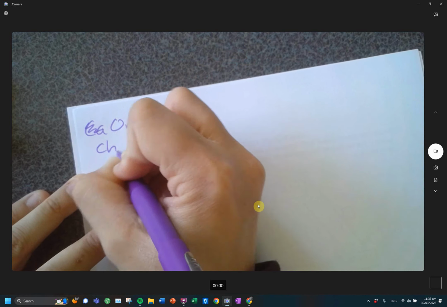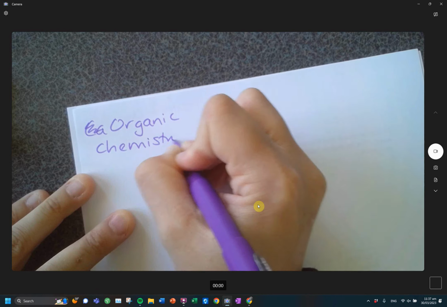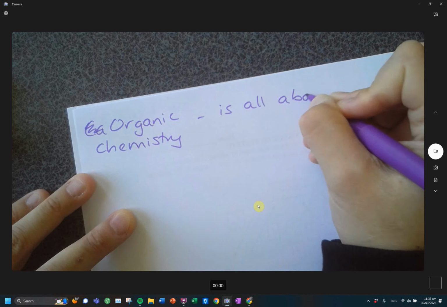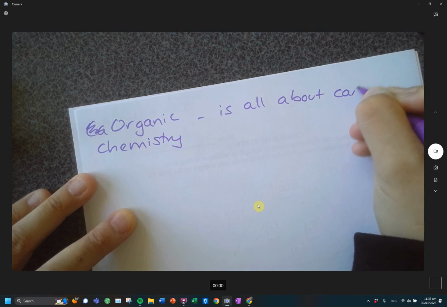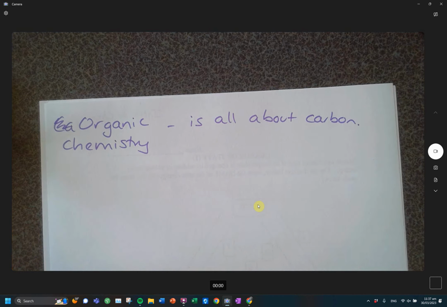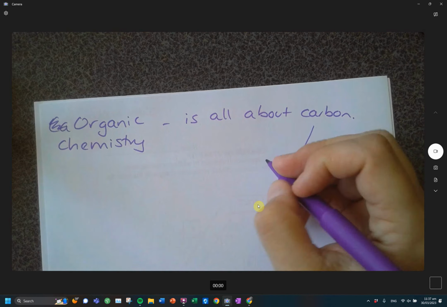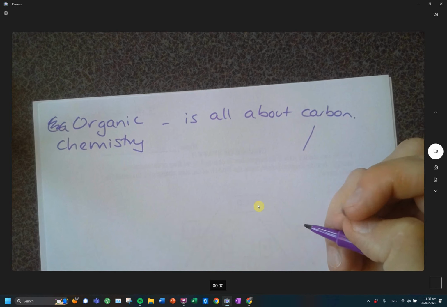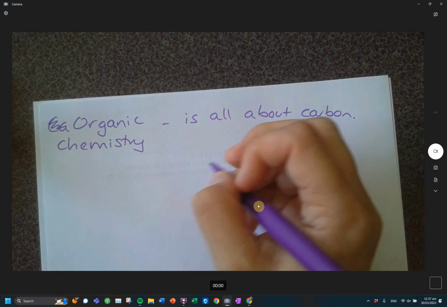Organic chemistry is all about carbon. And carbon is a really special element because carbon can have the maximum amount of bonds compared to other things on the periodic table. It can have 4 bonds.